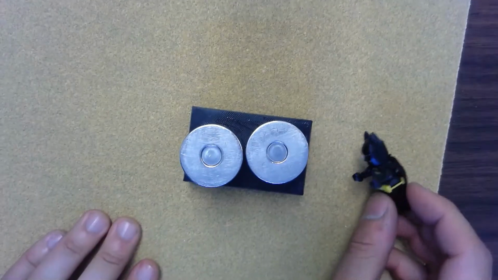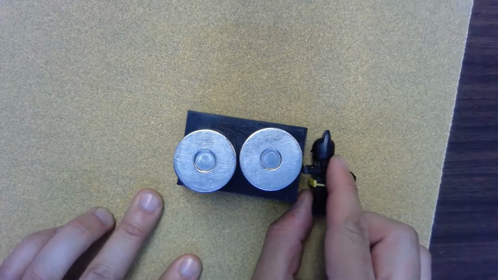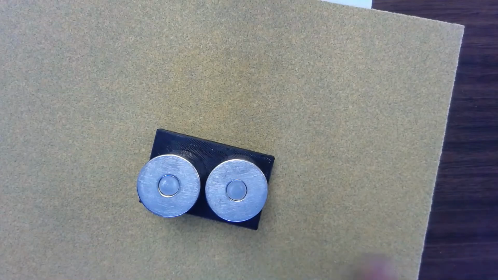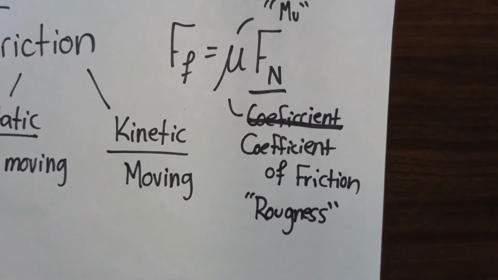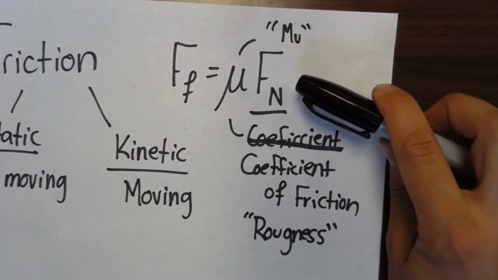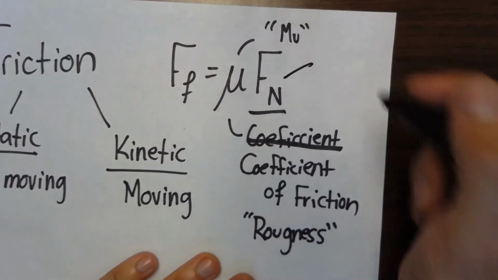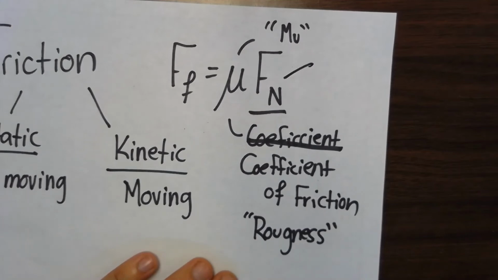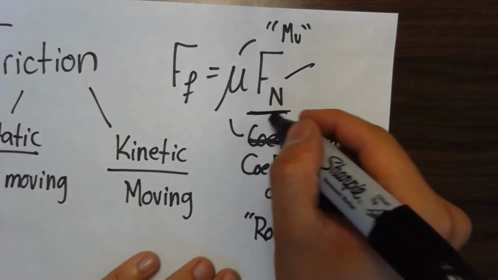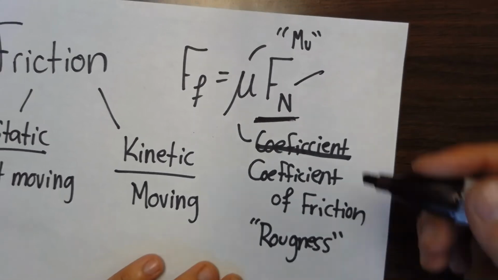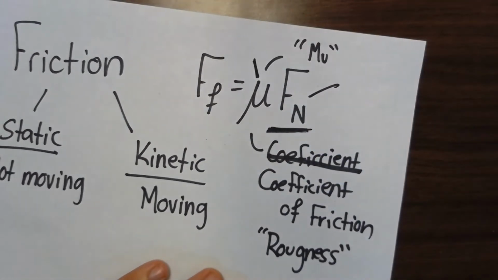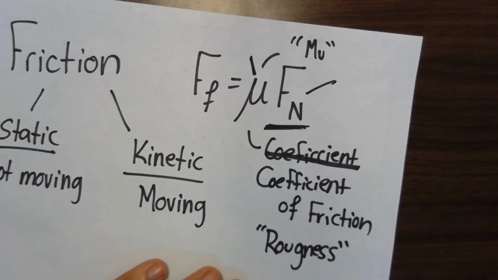On the rough floor with more mass, the push gets even harder. So as we come into class tomorrow and we start to think about the force of friction, this equation can get a little bit tricky. But you have experienced the force of friction many times in your life. Trying to push heavier objects is harder than pushing lighter objects, and that's because of the normal force. And pushing objects over a smooth surface is easier than pushing objects over a rough surface, and that's because of the coefficient of friction.